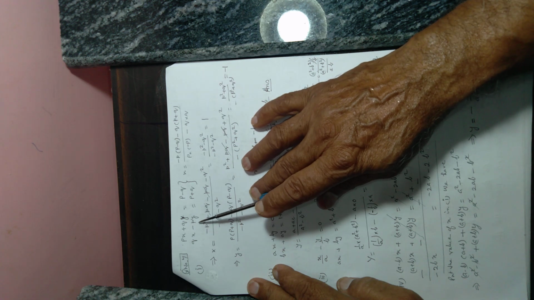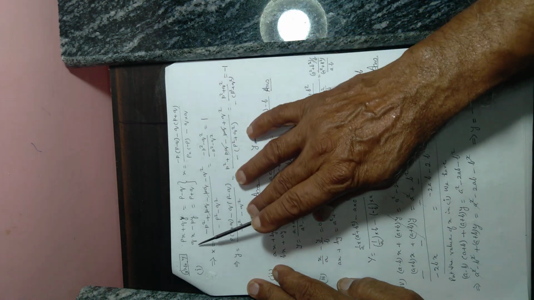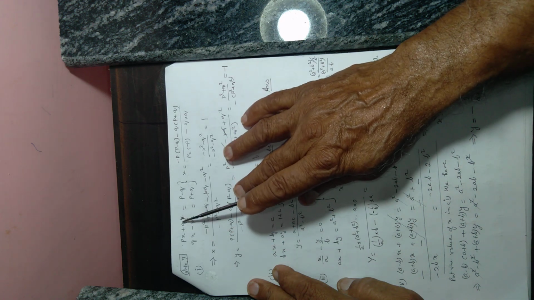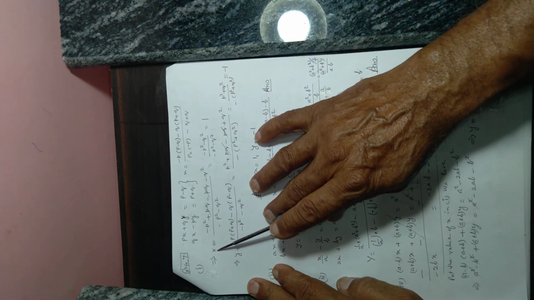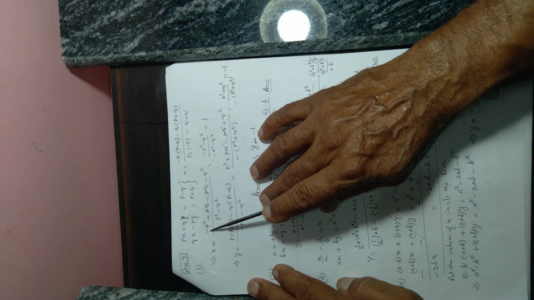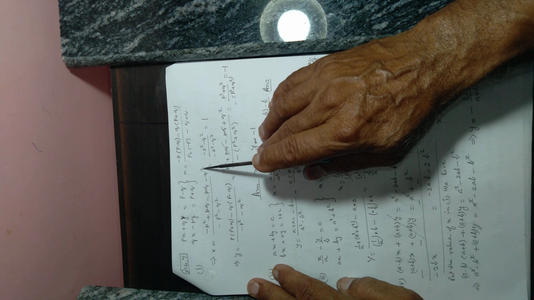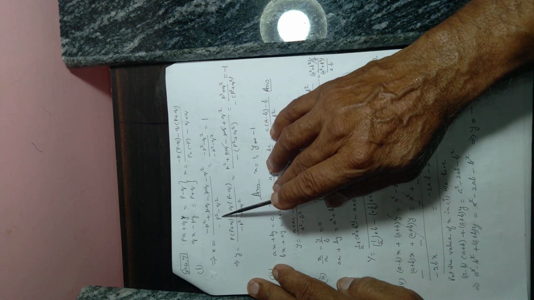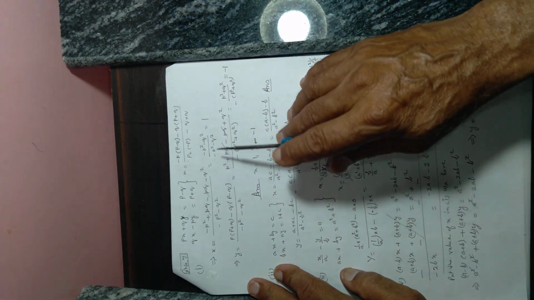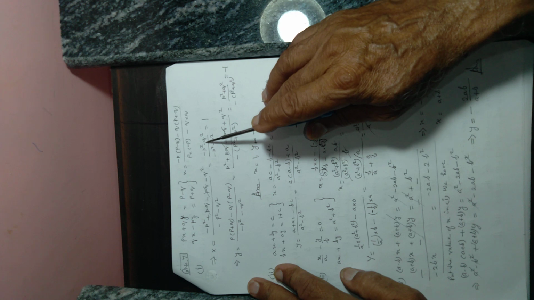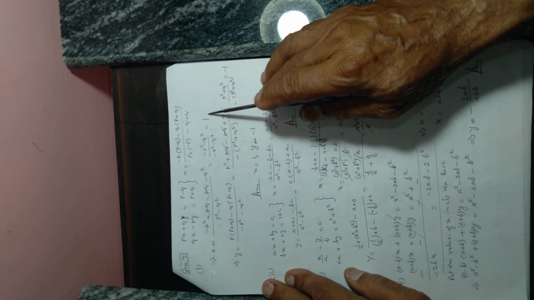You see, p into -p, minus q into q. So you just solve it, you will get -p² + pq - pq - q², whole upon -p² - q². You will get (-p² - q²) upon (-p² - q²), which will be equal to 1.